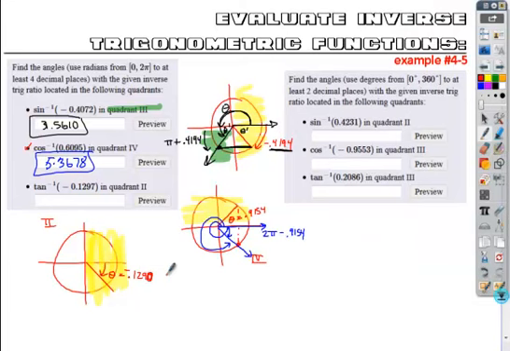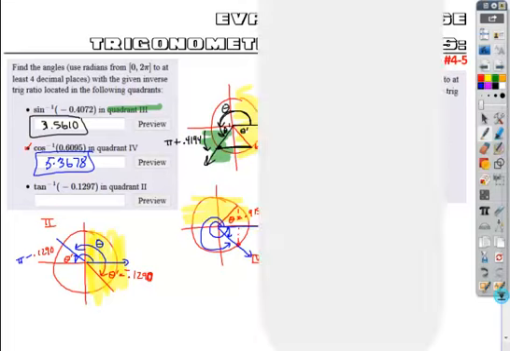Okay, so when you're looking at that, you want to find what the corresponding angle is over here in quadrant 2. So it's this whole angle measure. Well, this reference angle right here is also going to be your reference angle here, of 0.1290. To get this angle, we go all the way down to pi, and then back up this reference angle. So pi minus that is going to give us our overall angle measure.